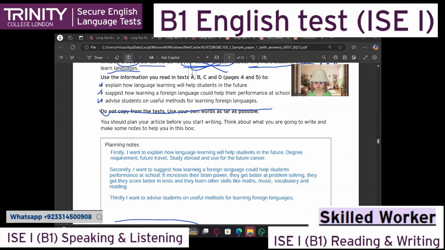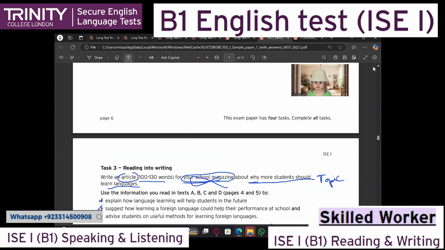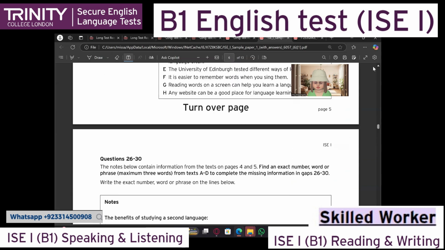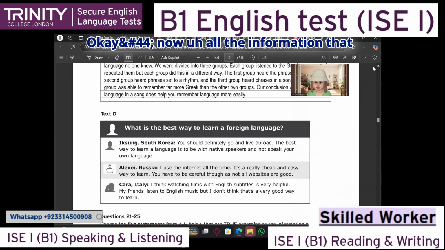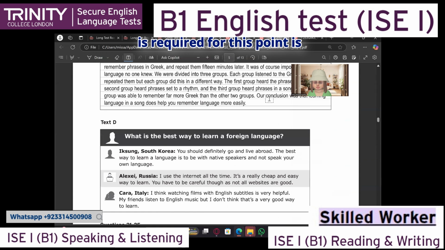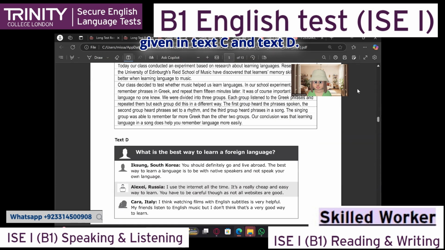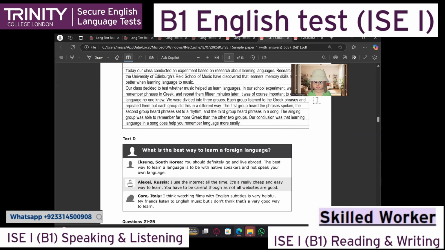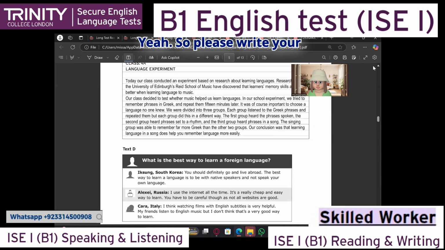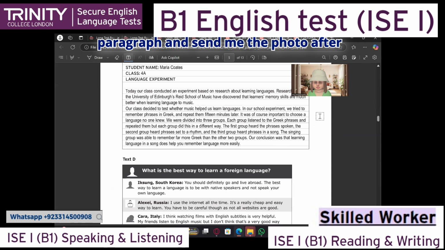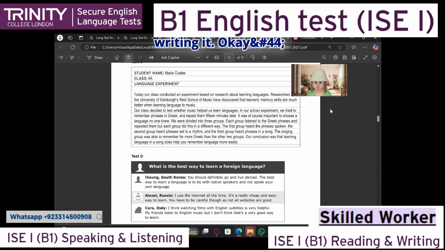Have you written it? Yes, ma'am. Now all the information that is required for this point is given in text C and text D, different ways. So please write your paragraph and send me the photo after writing it. Okay, ma'am.